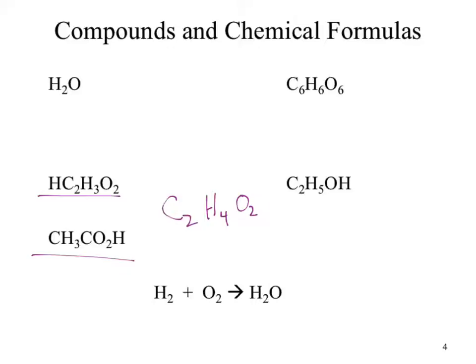You do not have the ability to differentiate and say why one is better than the other. So don't stress about that. Just interpret what the formula means. In all 3 of those cases, how many hydrogens are there? 4. How many carbons? 2. How many oxygens? 2. So it's just a question of recognizing where the element is and counting it up. Okay? Don't panic about the order or the sequencing.